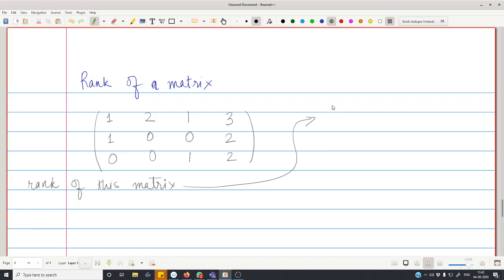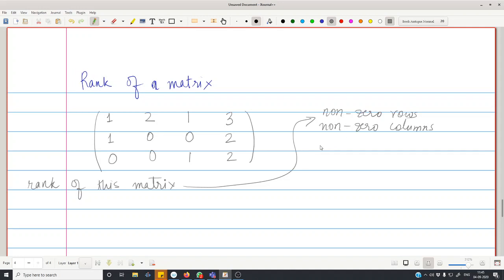The number of non-zero rows. Or linearly independent columns. Yes, exactly, both are correct. Non-zero rows, non-zero columns, but actually the fundamental definition is something else.